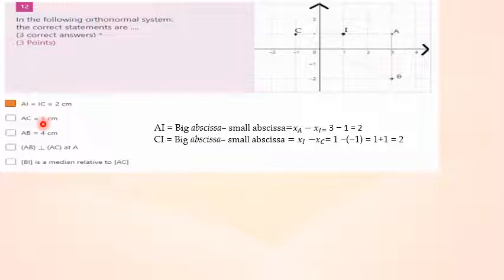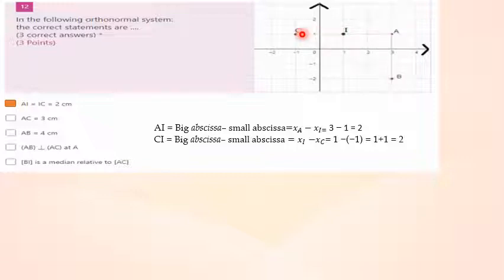What about AC? Is it 3 centimeter? AB 4? I can check them from the figure and I can make calculation. Look, AC. If we say that each one of these boxes represent 1 centimeter, then AC is 1, 2, 3, 4 centimeters.